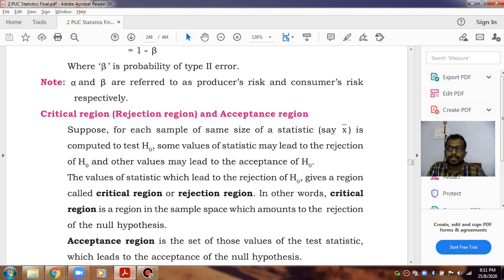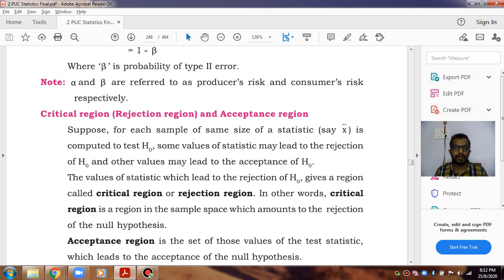But sir, how to decide which is the acceptance region and rejection region? Let us see how to understand and what values to take, students. Suppose for each sample of the same size, a statistic is computed or tested, the value of the statistic which leads to the rejection of H naught gives the region called the rejection region. So what is rejection region?